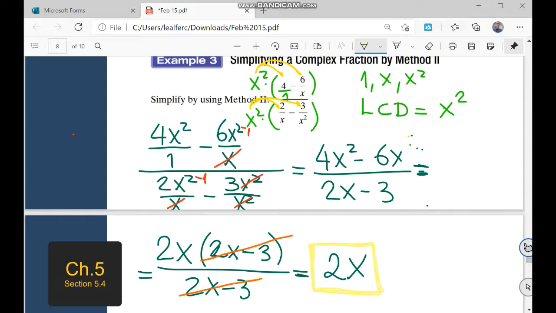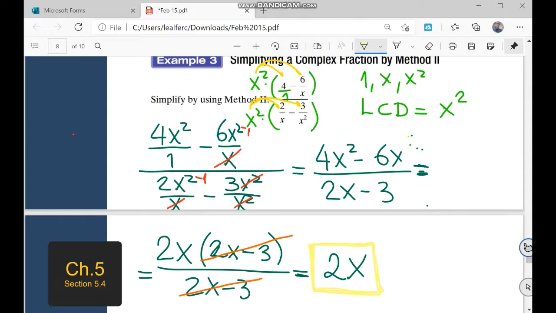Well, on the quiz, you can use method 1, you can use method 2. It's up to you. You can choose any method that you want. But my suggestion, from my experience, is that method number 1 is good if you have just a single fraction on the numerator and a single fraction on the denominator.